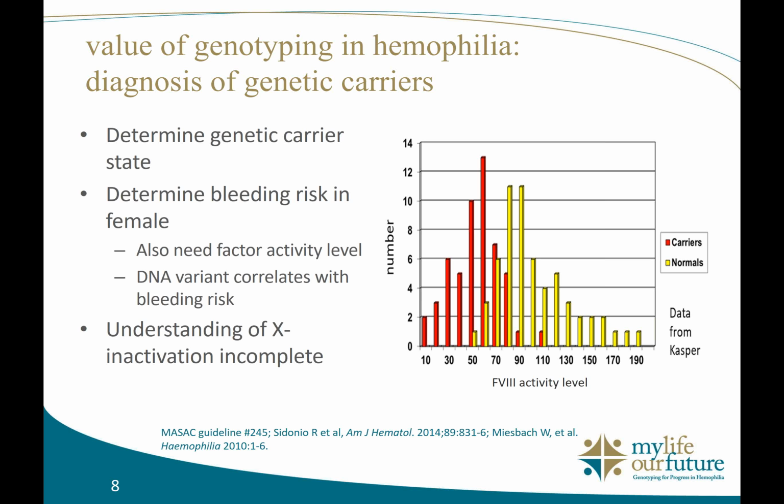And that was described, that's when the intron 22 inversion was described, and later the intron 1 inversion, where all of the DNA material is there, but it's just rearranged. So when one was looking at specific targets in the factor VIII gene, they did not detect the inversion.